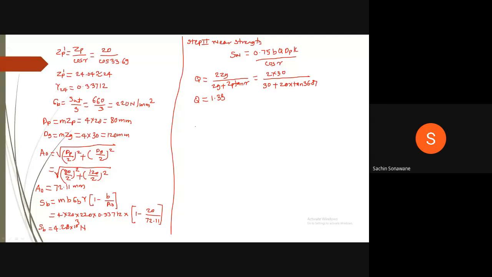Okay. Then find out value of K. K is equal to, what is the formula? 0.16 into (BHN divided by 100) square. Therefore, 0.16 into BHN value is 400, (400 divided by 100) square. What is the value of K?